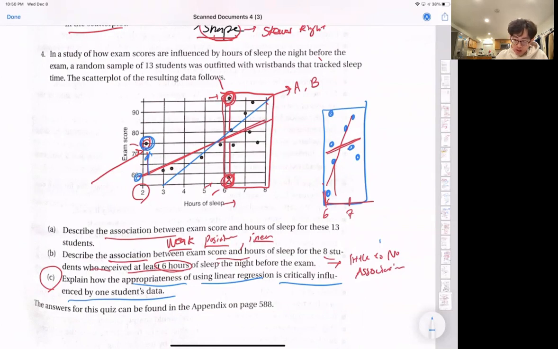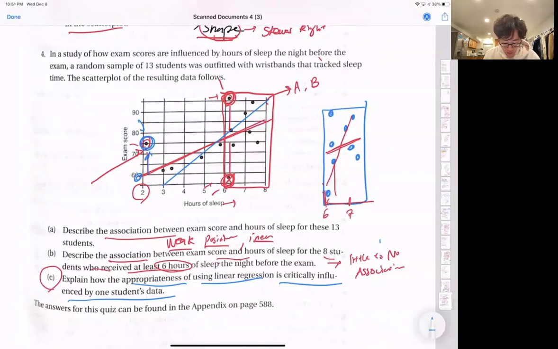The linear regression is critically influenced. They say that because of this point, the non-linear form would be a better fit or something like that. The student who scores 75 before the exam shows a strong influence. The scatter plot point taken together with all the other points suggests a non-linear format.